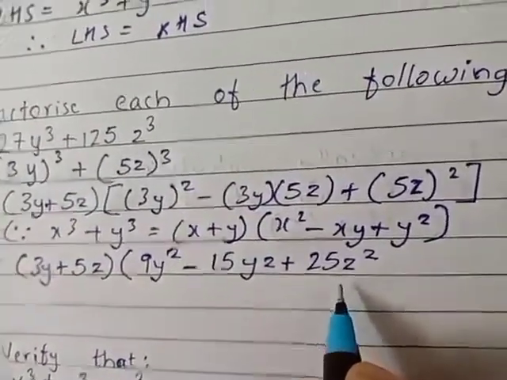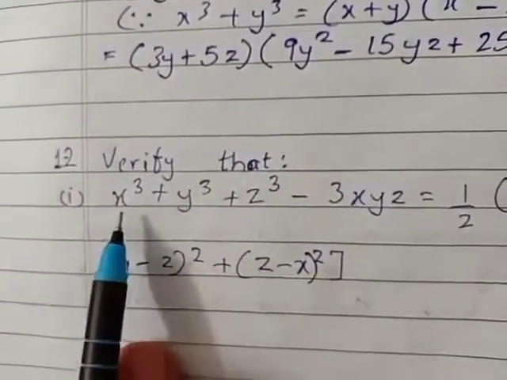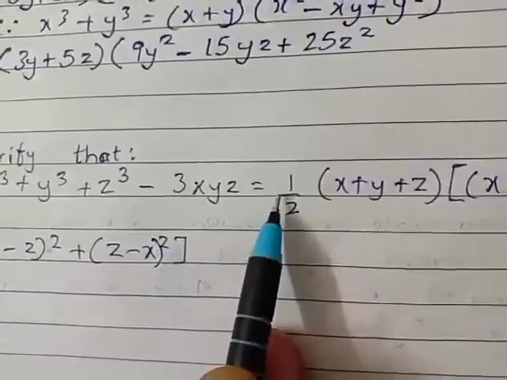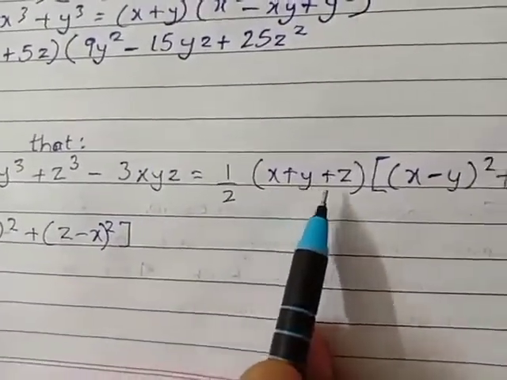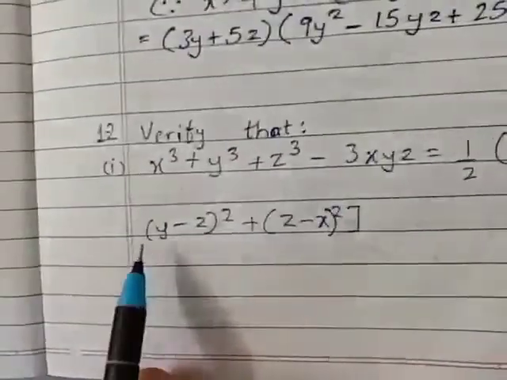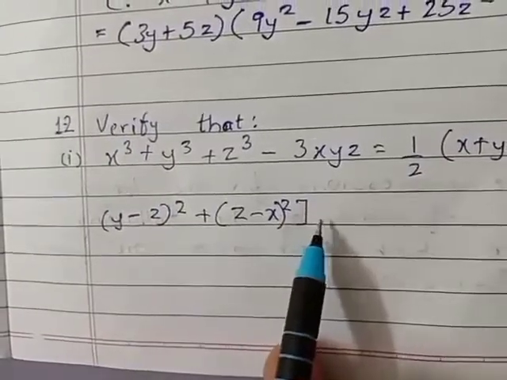Now let's solve 12. Verify that x cube plus y cube plus z cube minus 3xyz equals half x plus y plus z into square bracket (x minus y) the whole square plus (y minus z) the whole square plus (z minus x) the whole square.